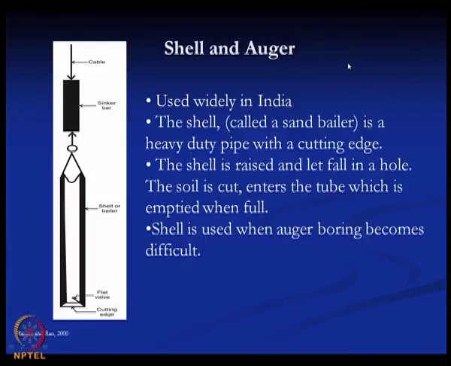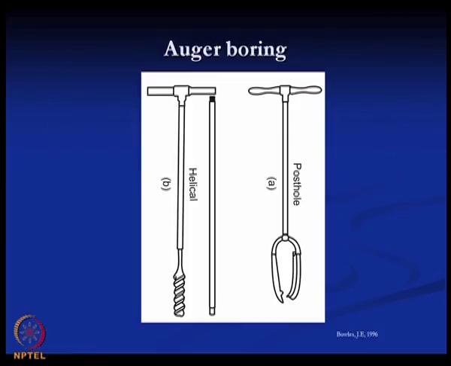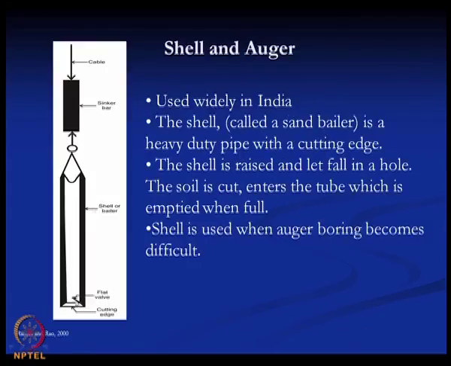Now, the next type of soil exploration or boring technique is shell and auger. This is the auger and this is a typical shell and auger photograph. It is used widely in India. The shell, also called a sand baler, is a heavy duty pipe with a cutting edge.